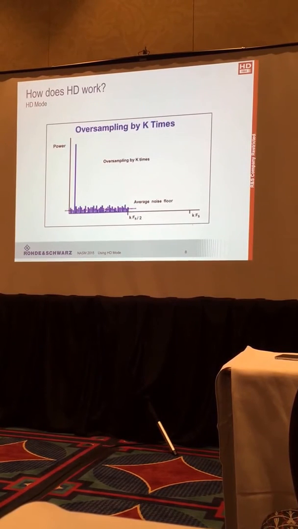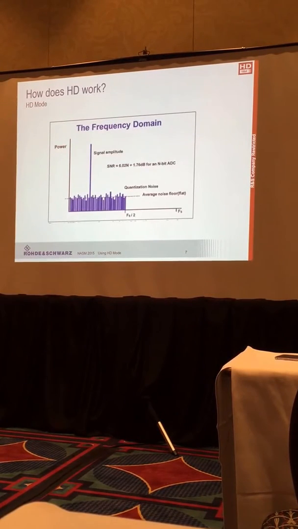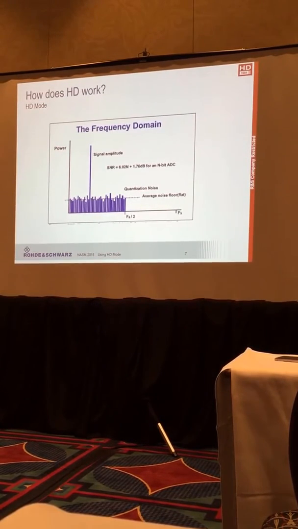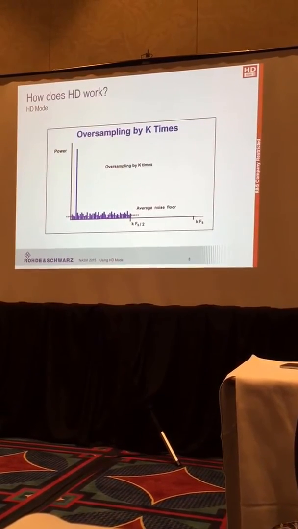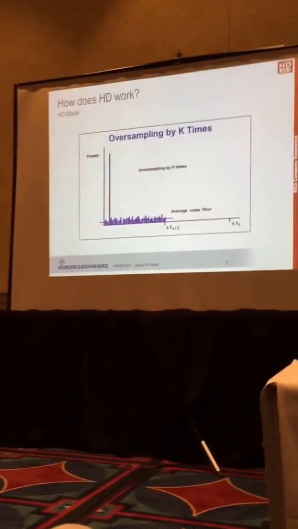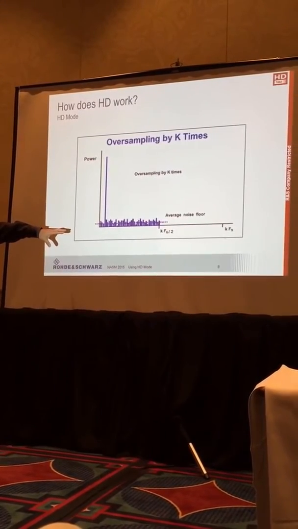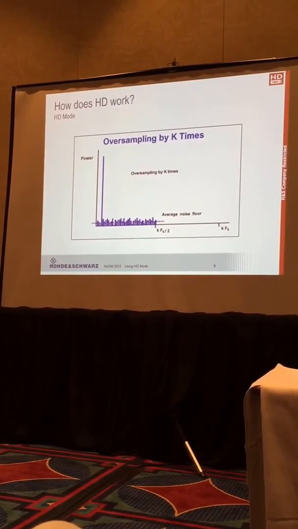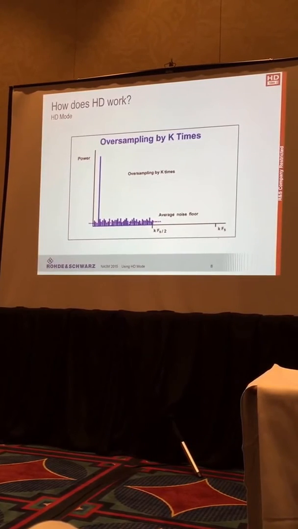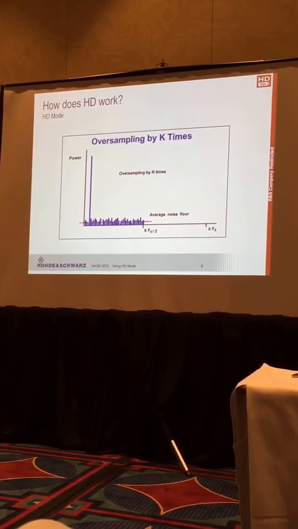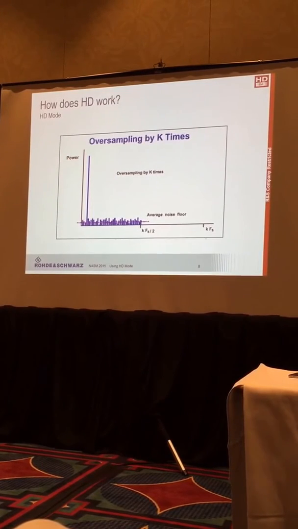So let's say, in this case, that my bandwidth might have been a gigahertz, and I run this at a much faster rate, and I limit the bandwidth to 100 megahertz. So I sample this at a faster rate. And then, with this noise floor distributed evenly across the spectrum, if I filter out part of it, I essentially remove the excess quantization noise.